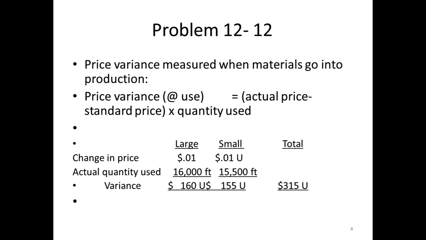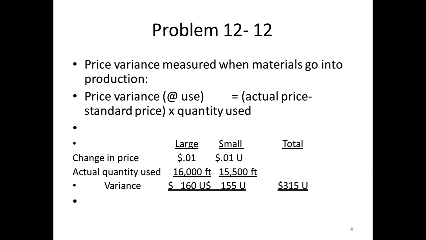And of course, the second part of the question asks, why do the 2 differ? And the answer, as you probably guessed, is relatively simple. There was more direct materials purchased than there were used. So these 2 amounts differ because the purchases are larger than the amount used.